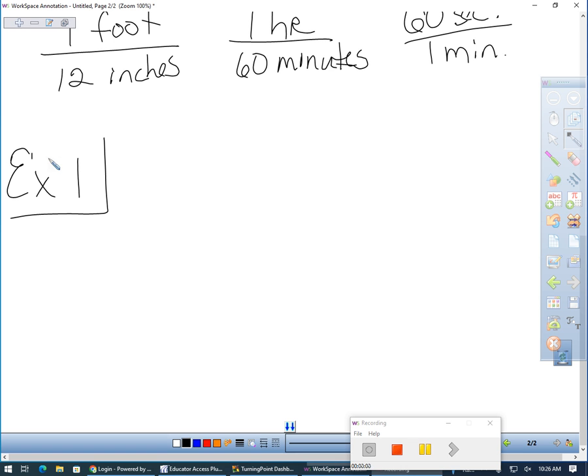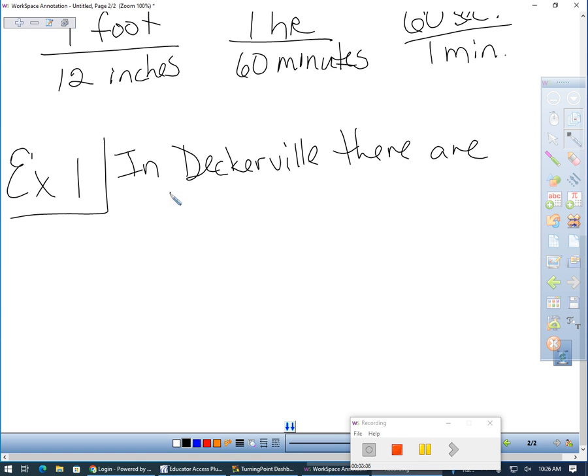So for example, let's say in Deckerville, there are 3,000 people in, sure, let's go with 10 square miles.